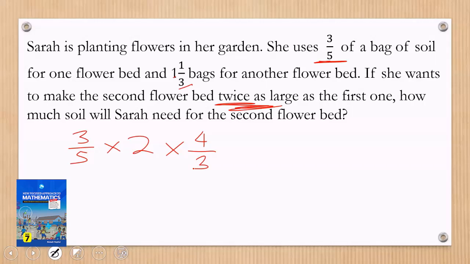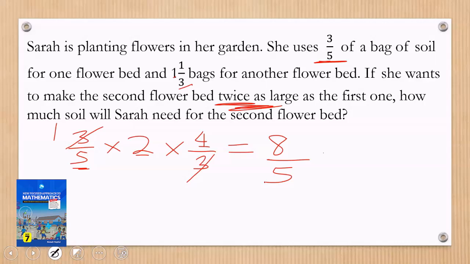Now let's do the multiplication together. Again, we can see numbers that can easily be cancelled, like 3 can divide this as 1, and 3 can divide here also as 1. Then we have 2 times 4, which is going to give us 8, and then 5 times 1 left here will give us 5.